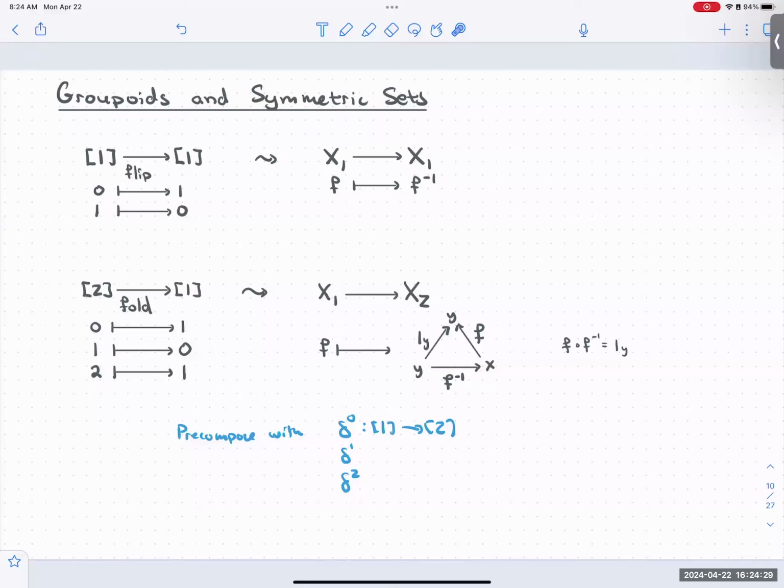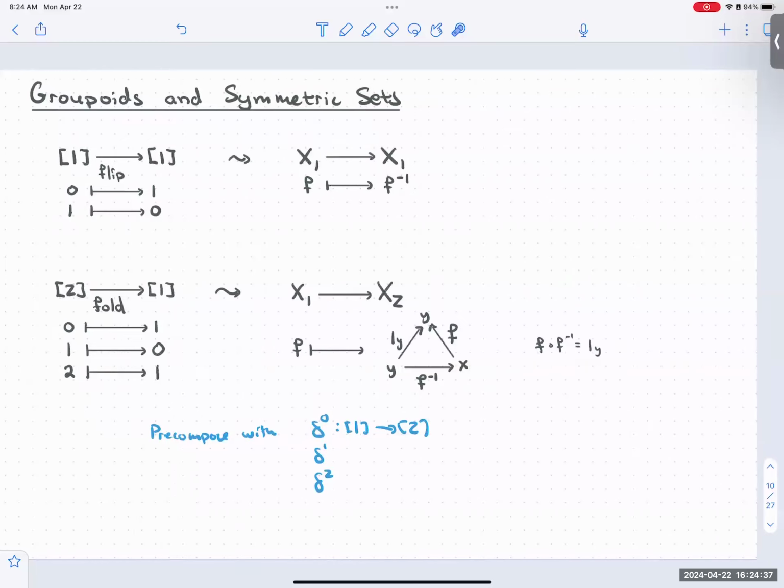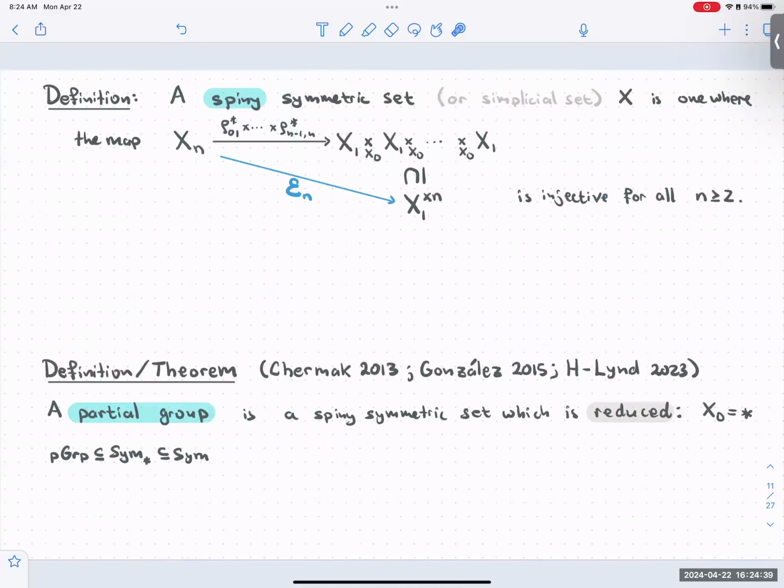So yeah, symmetric sets, these are a great home for groupoids. Now it turns out they're also a great home for partial groups. So weakening this just a little bit, what we call a spiny symmetric set. I could give this definition for simplicial sets too.